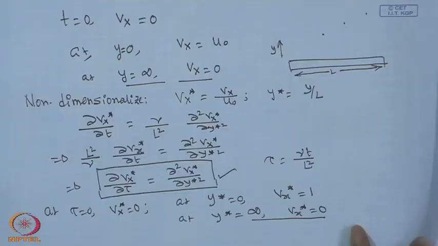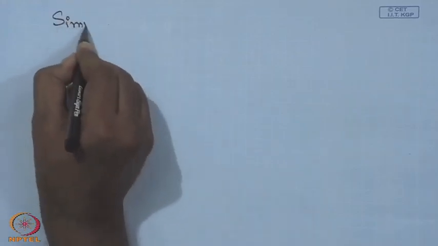So, we can have a similarity solution for this particular problem, but before going for the solution one has to get the similarity parameter, or the combined variable, so that we can express this equation in that parameter only. So, the next exercise is getting the similarity parameter.